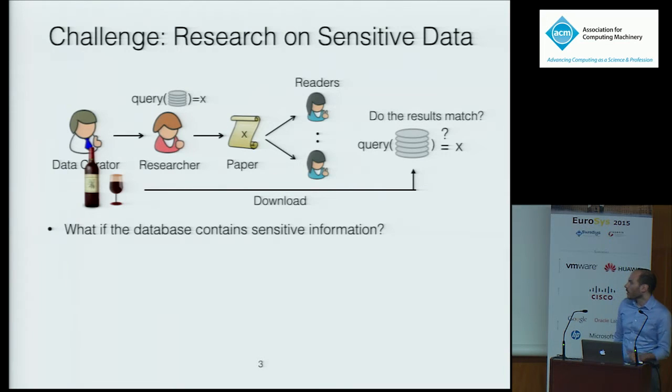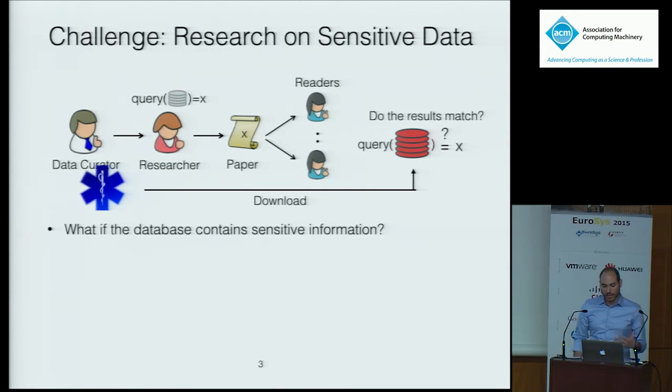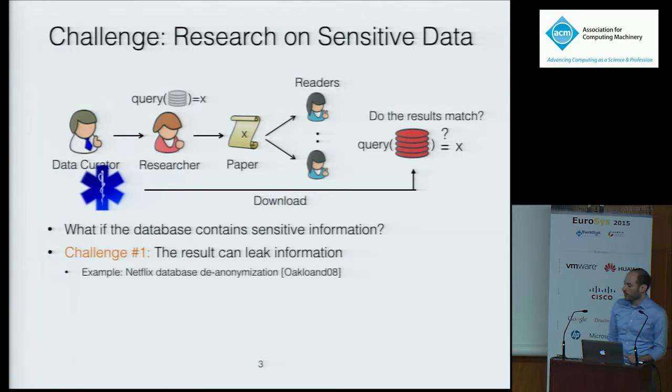But what happens when this database contains sensitive information? For example, a hospital might have a data set that contains medical information. The first challenge with such a data set is that the result itself that's being published in the paper might leak information about individuals in the database.